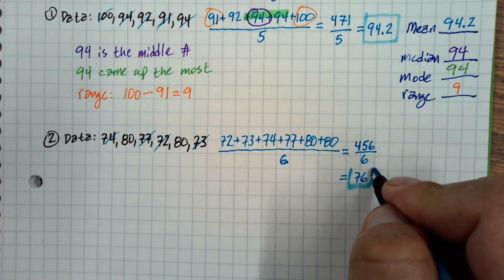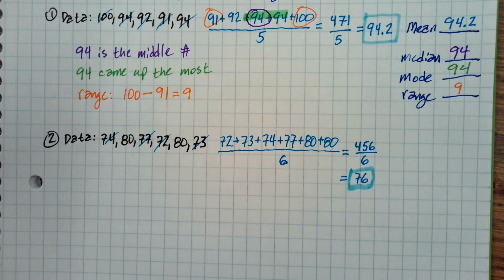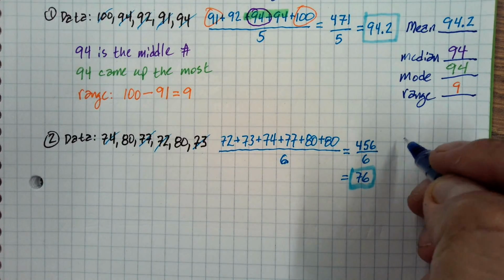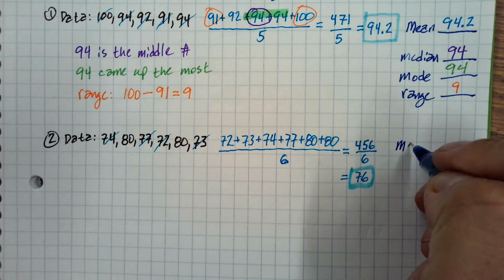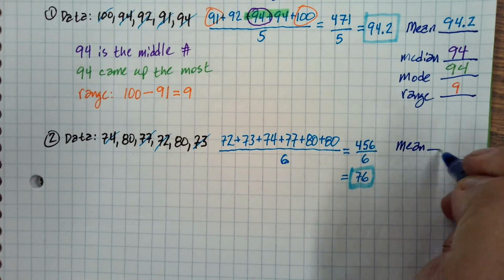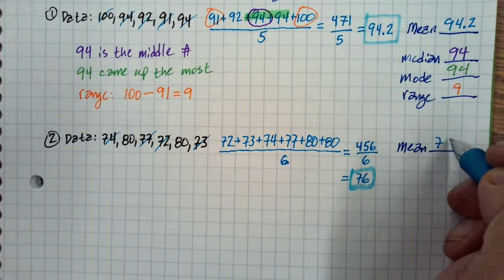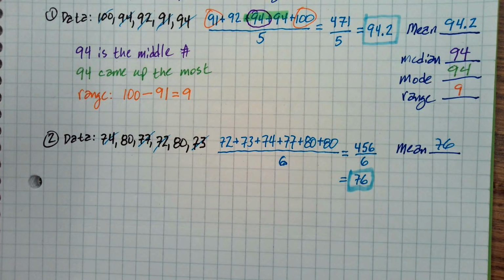The average is 76. All right. So we're going to move on to find the median.